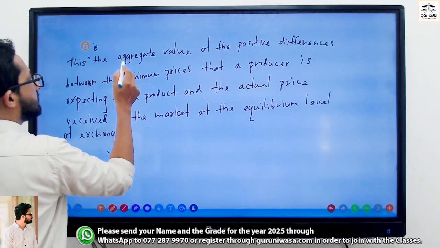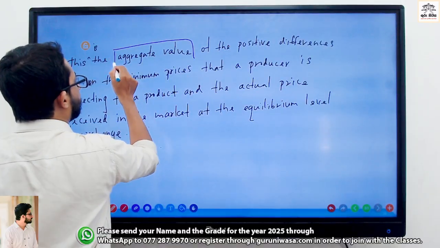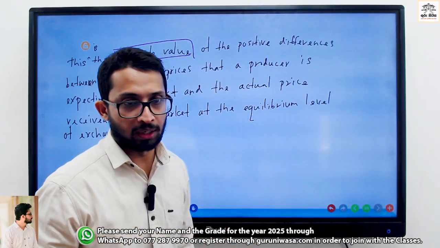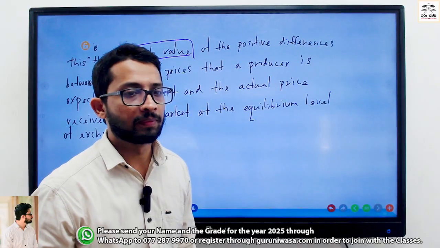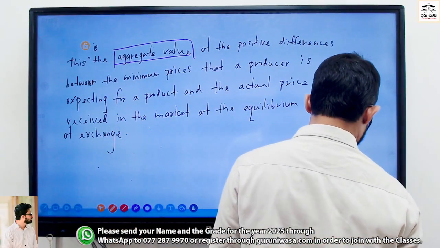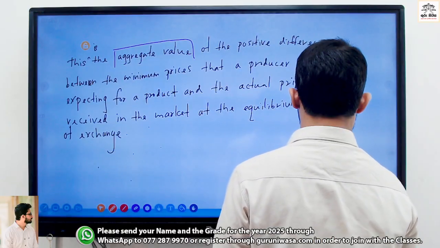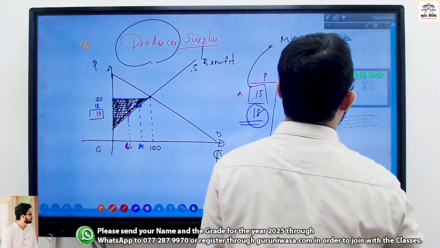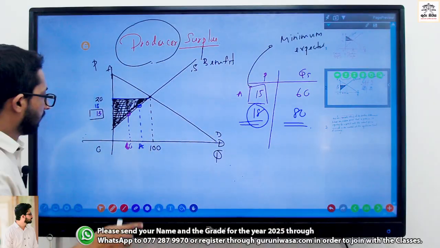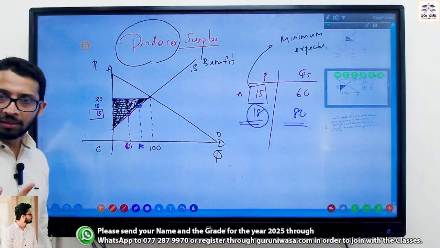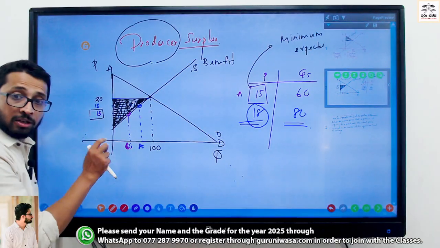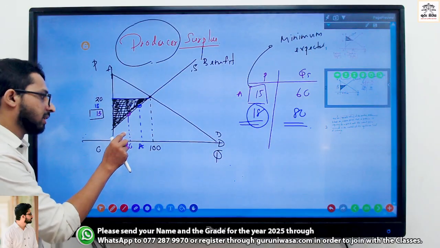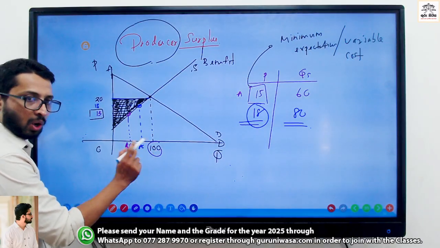Number one, this is aggregate value. Sanuli, what is meant by aggregate value? Total value. Aggregate means total, Lamai. Look at the board. When calculating producer surplus, we get the total benefits for all these points, 60, 70, up to equilibrium, not at one point.